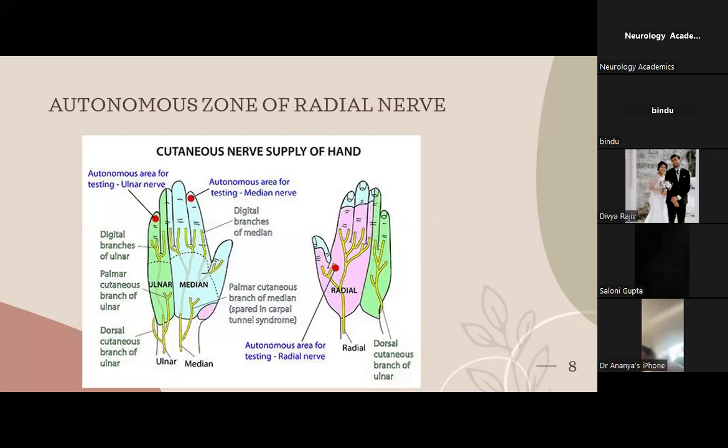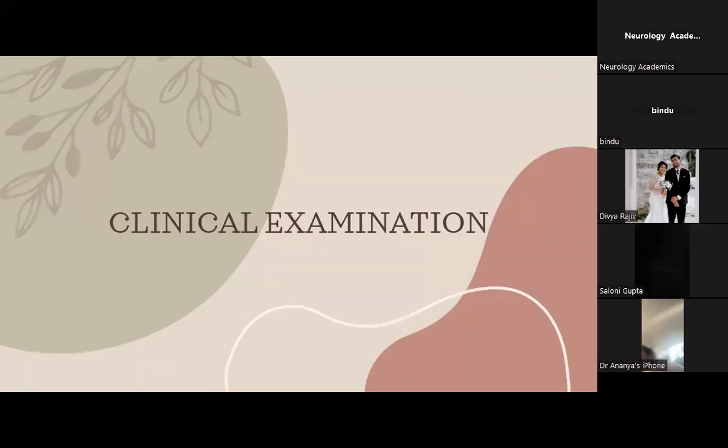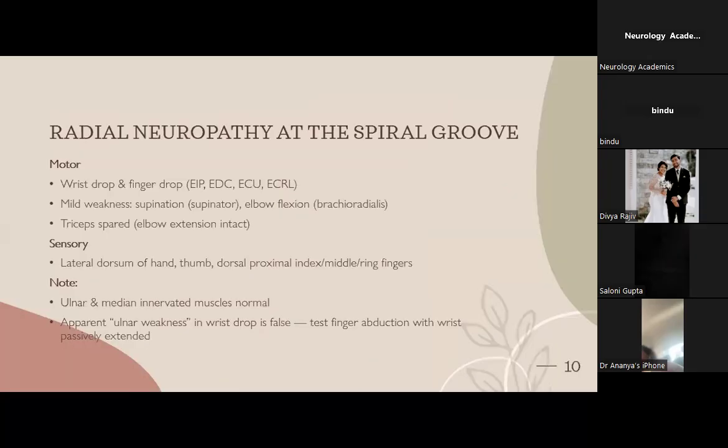For radial nerve, the autonomous area is the web space between thumb and index finger over the dorsum of the hand. For assessment, we mainly use the autonomous area because other areas can be overlapped by other nerves. Coming to clinical examination, first we'll go to radial neuropathy at the spiral groove.